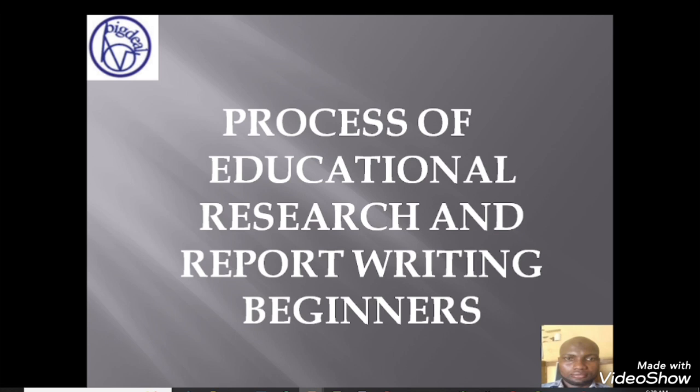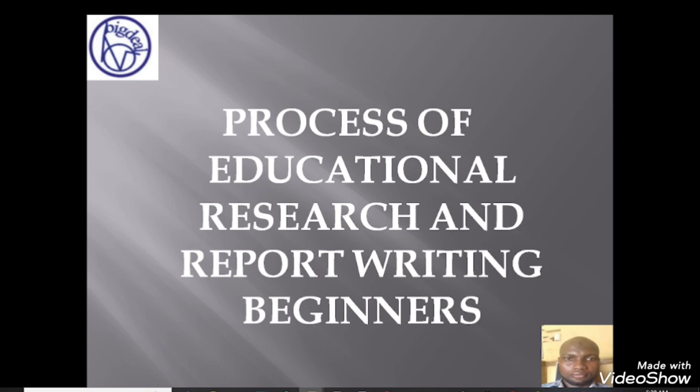We have looked at the variables, the types of variables, and many more. So we'll be moving on to educational research. Again, educational research is a systematic study, as we said earlier, of educational teaching methods, learning processes, and the factors that affect education.